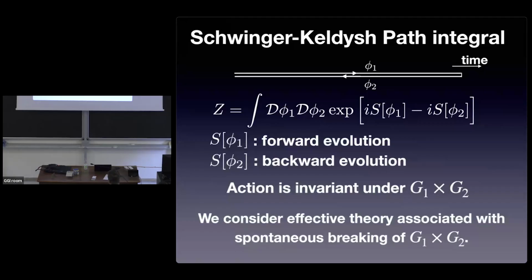If the system has a global symmetry, then you can define two types of global symmetry acting on the forward path and backward path. So in this path integral formulation, we have two global symmetries, a doubled symmetry, G1 and G2.